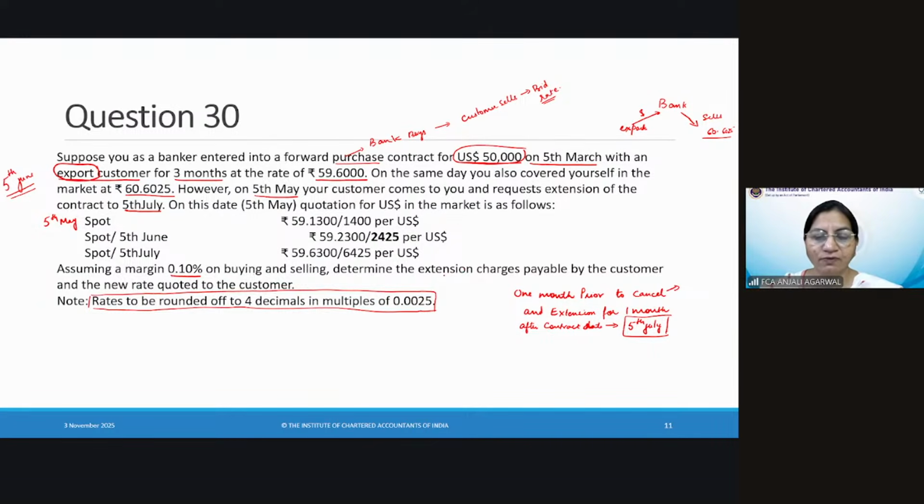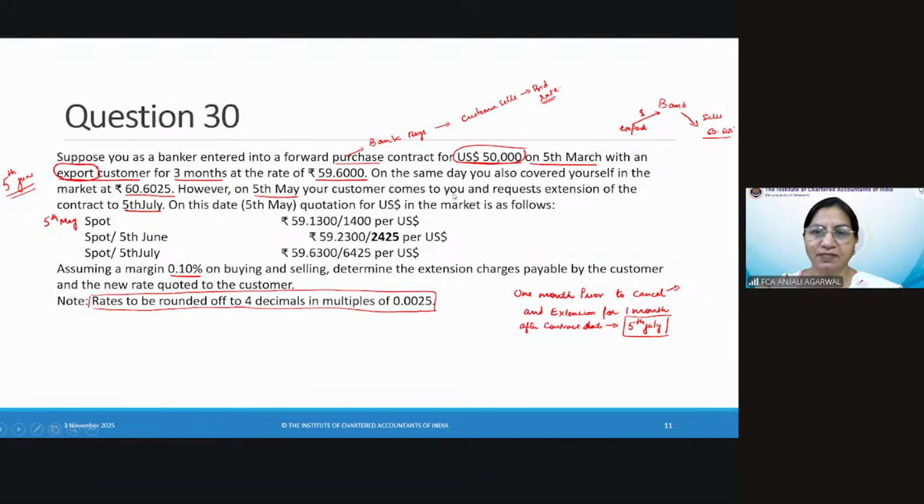So you have to determine the extension charges payable by the customer and the new rate which will be quoted to the customer. So if you look at this question, it is almost similar to the previous one. However, this time the customer is not saying this on the due date, but he is requesting 1 month prior.